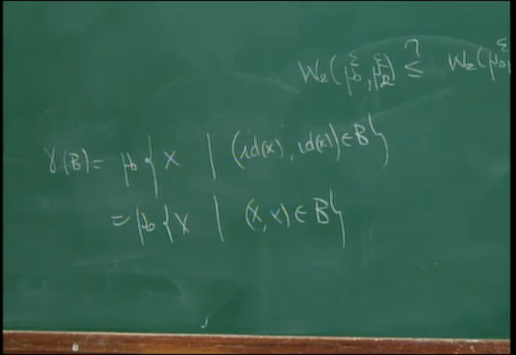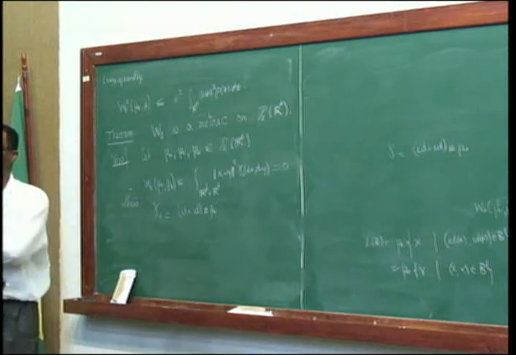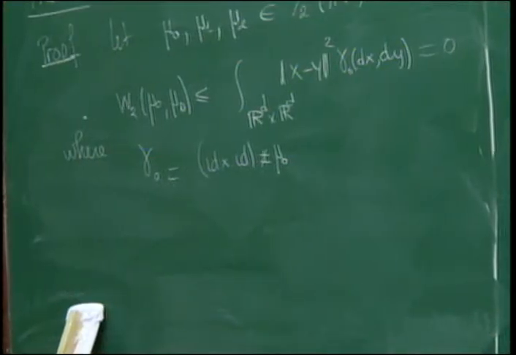So this is equal to 0, where I set gamma naught to be identity cross identity, push forward mu naught.